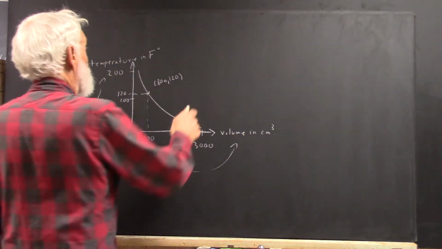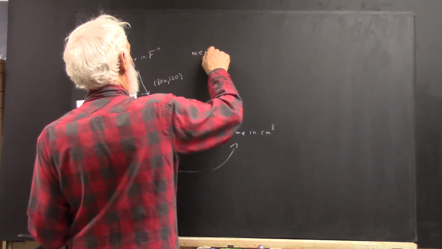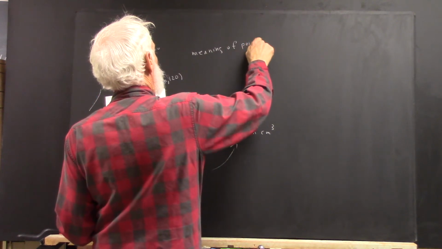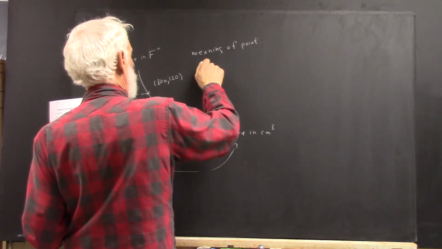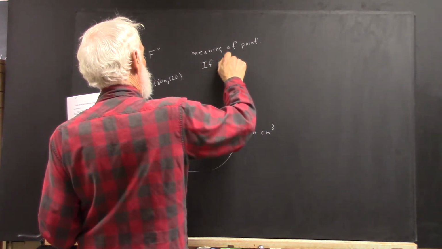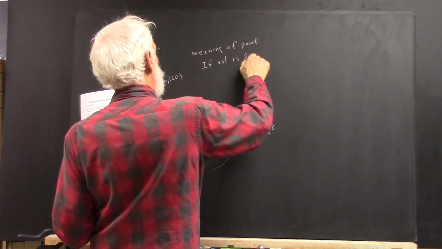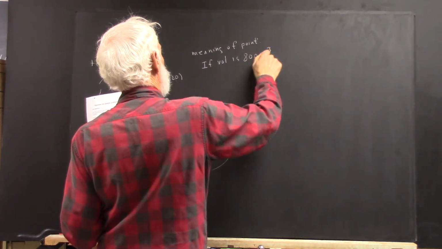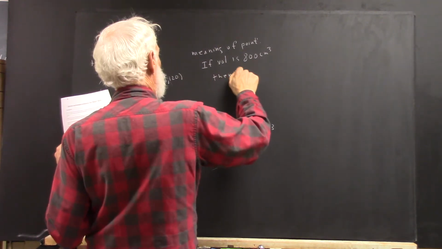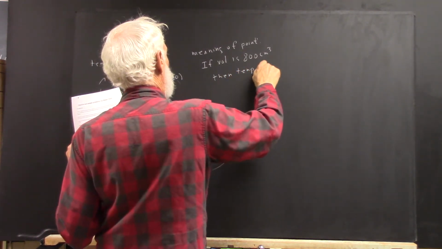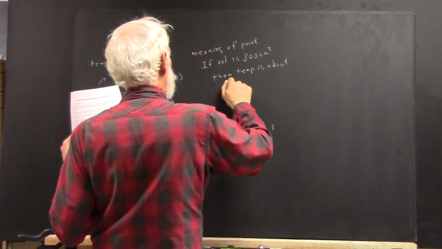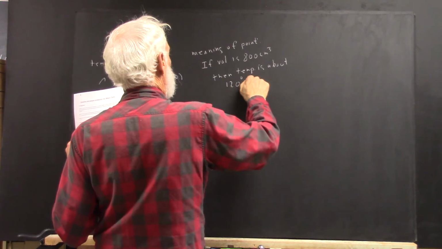So the meaning: if the volume is 800 cubic centimeters, then temperature is about 120 degrees Fahrenheit.